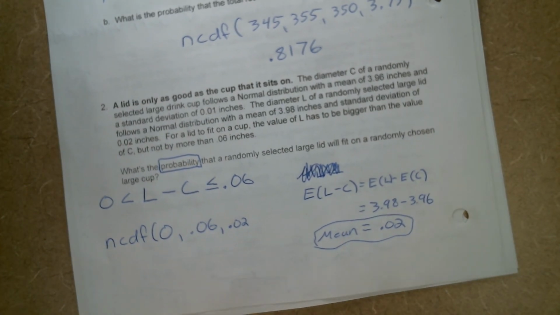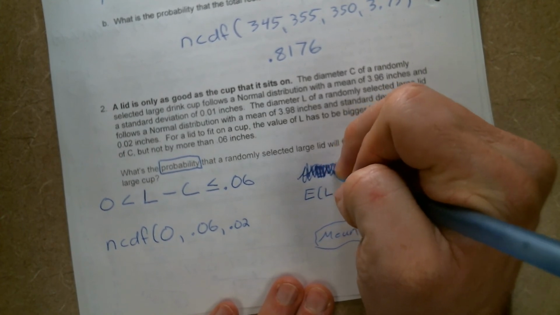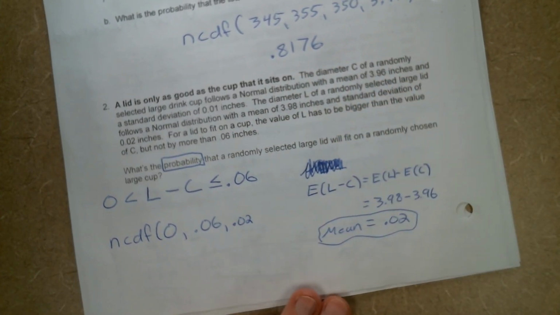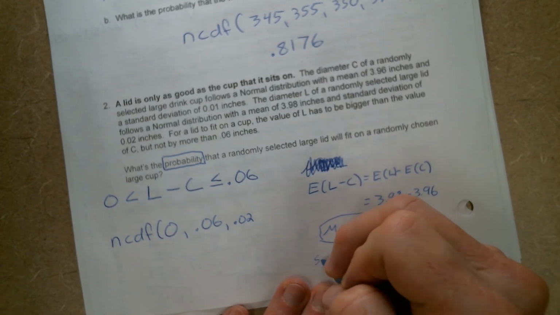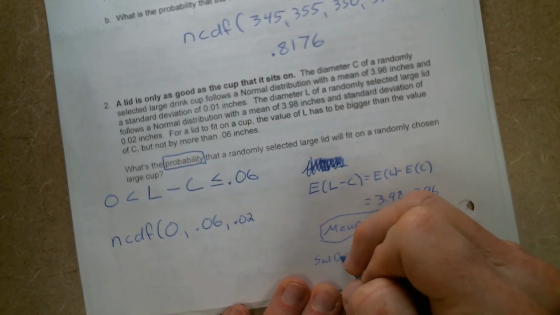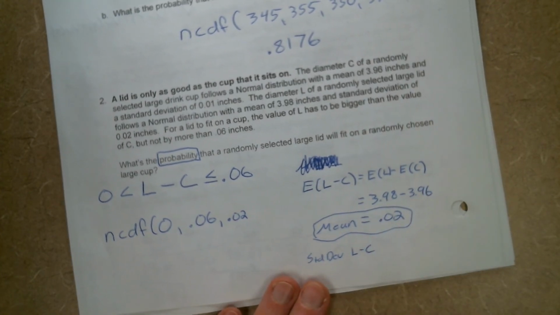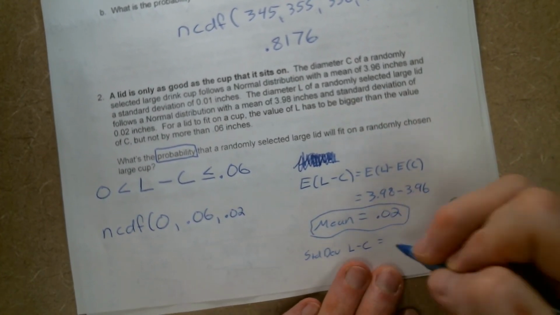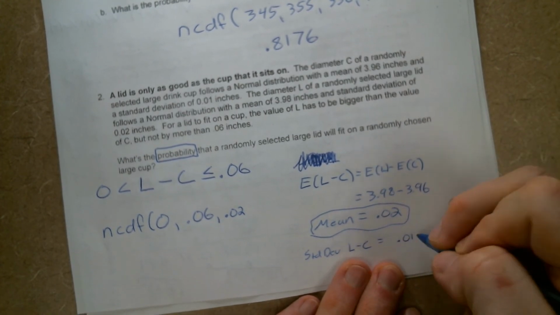Now, if we want to know the standard deviation, that's where we're going to have to add the variances and then take the square root to get it back down to a standard deviation. All right, so if we're trying to find the standard deviation of L minus C, then what we're really doing is taking the variances, which is 0.01 squared.